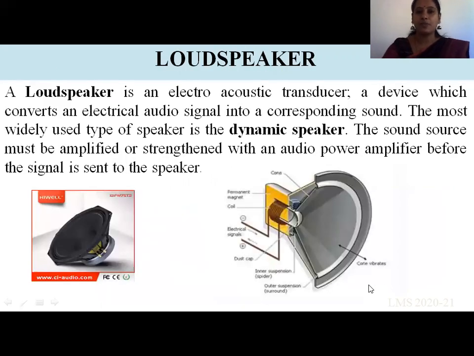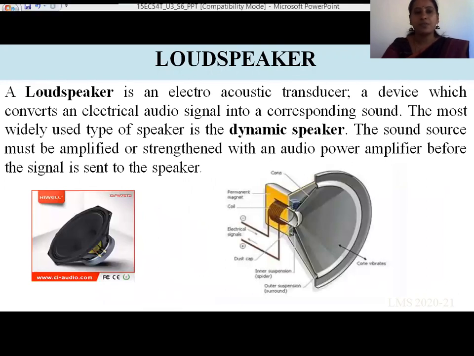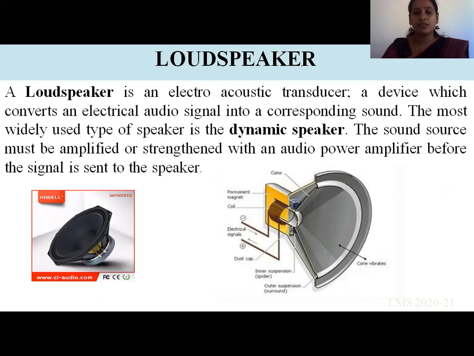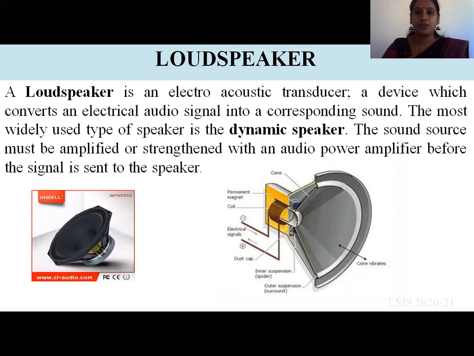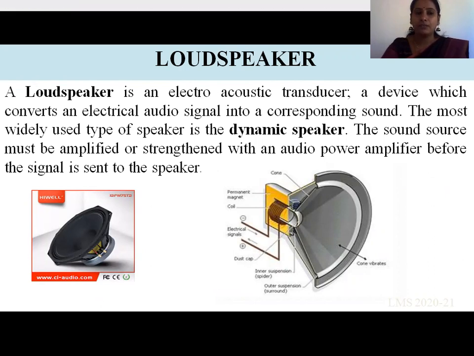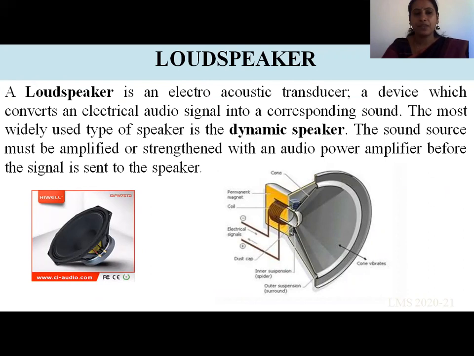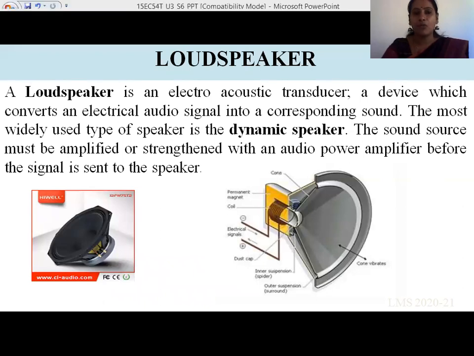So what is a loudspeaker? The loudspeaker is an electroacoustic transducer. It's a device which converts an electrical audio signal into corresponding sound waves. The most widely used type of speaker is the dynamic speaker, and the sound source must be amplified or strengthened with an audio amplifier before the signal is sent to the speaker.